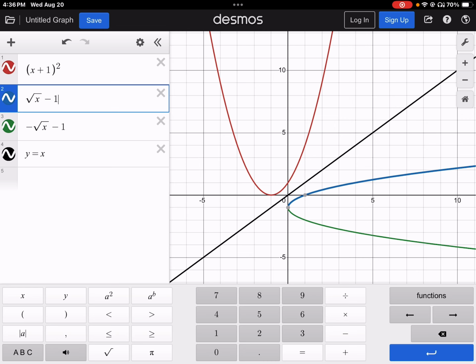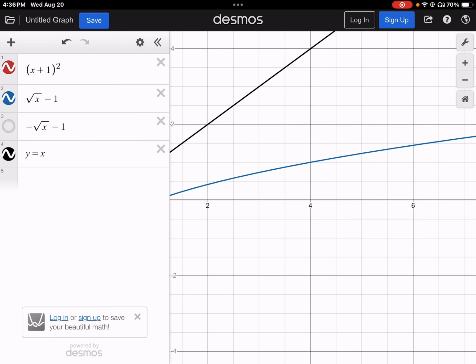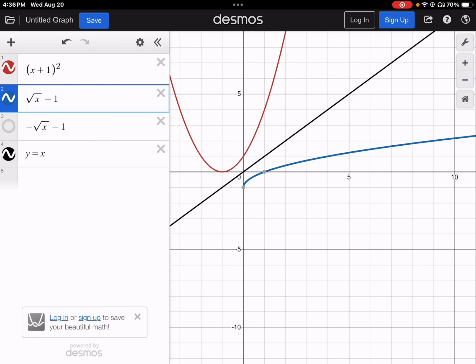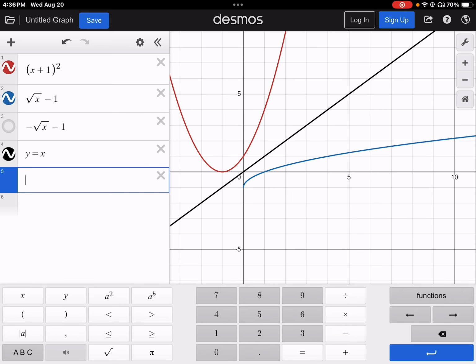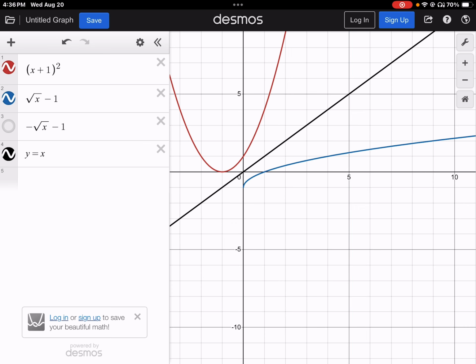The normal one, the positive function, is this blue one. So I'm going to turn the green one off now. If I turn the green one off, I can now come back over here and, hey, I actually just have a function. If I even went back to x equals 5, we can see now that I'm only intersecting my graph at this one point. I no longer have the bottom part, so I no longer have to worry about it not being a function.